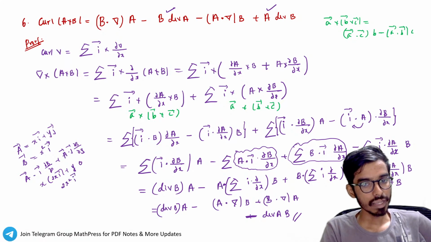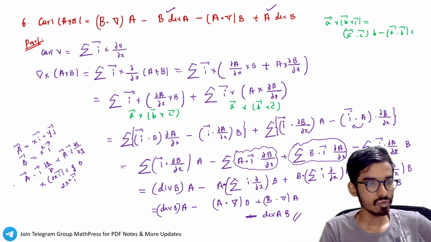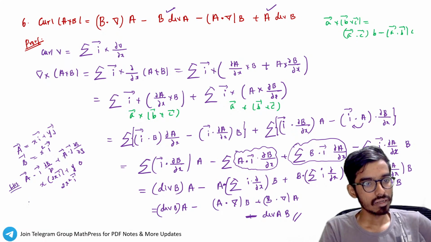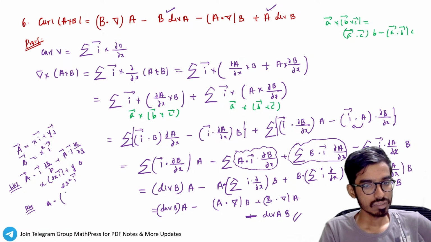Now similarly you find A dot del into phi. Now similarly you find this LHS part. Now similarly you find A dot summation of I dou by dou x, which is the same as I into dou by dou x plus J into dou by dou y into B, right?